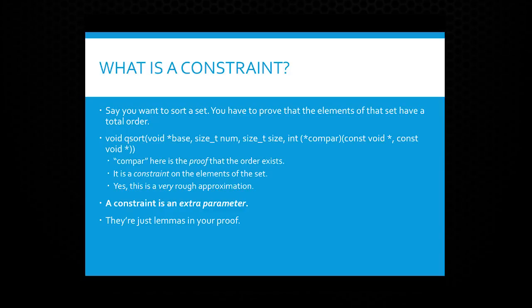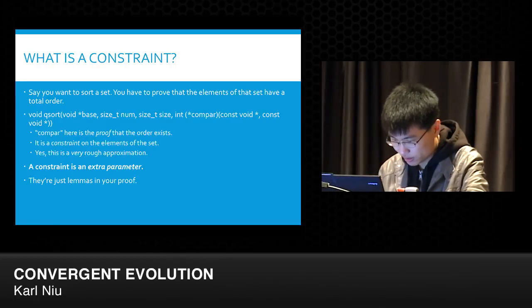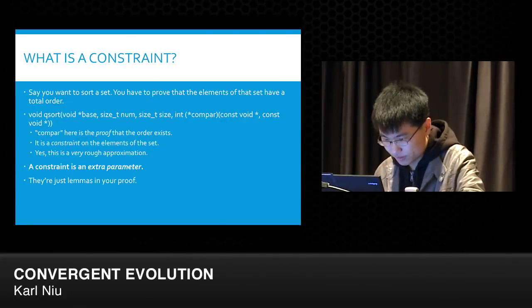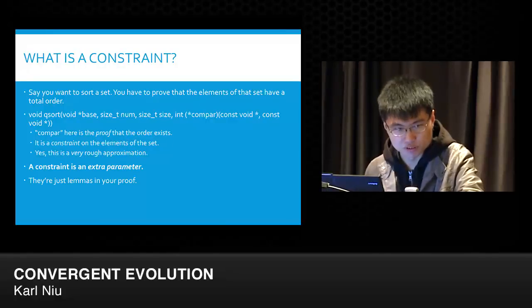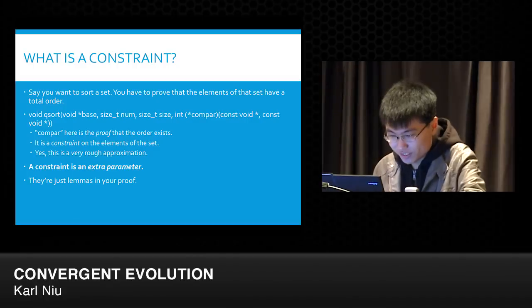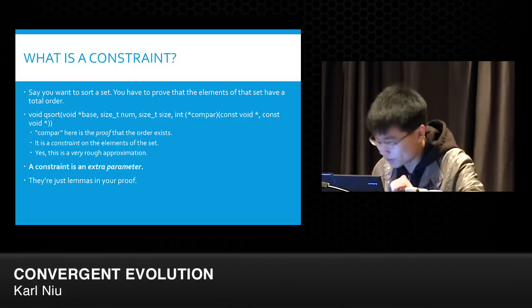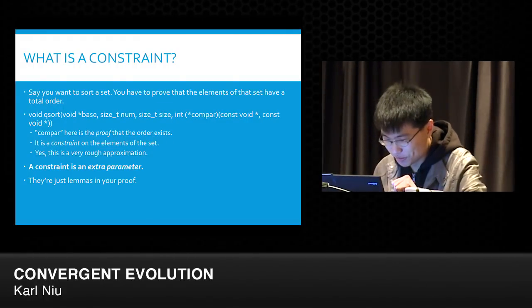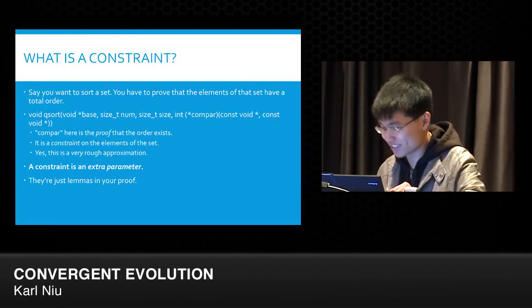Now, bear with me for a second. What exactly is a constraint? Let's go with an example. Say you want to sort a set, right? You've got to prove that the elements of that set have a total order. Now you've got the qsort function from C. If you look at that, there's a compare function that takes two void stars and returns greater than, equal to, or less than.